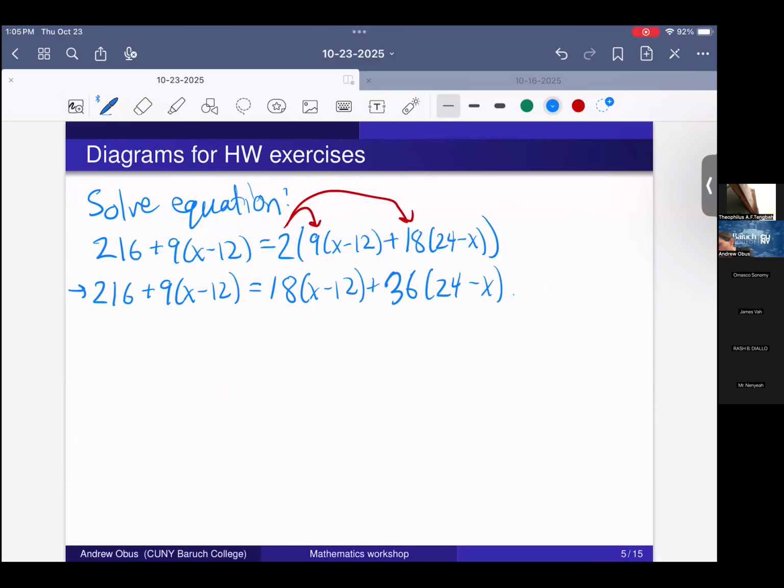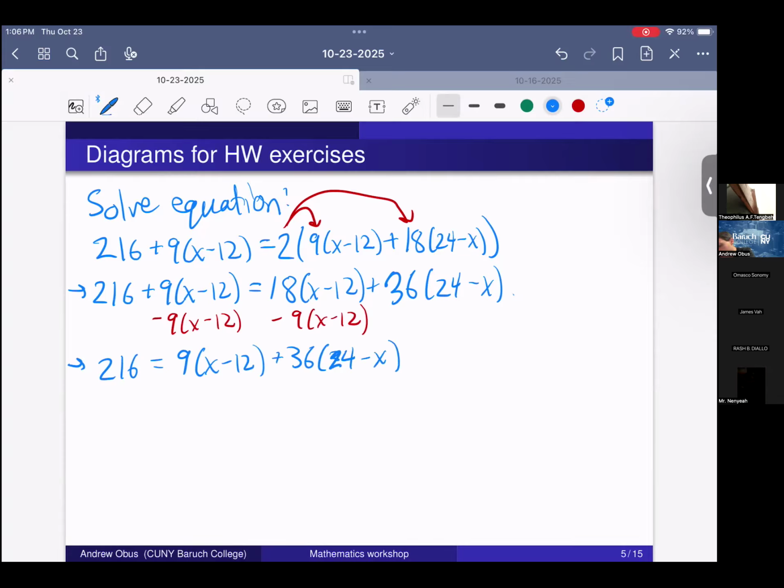And so now I'll subtract the 9 times (x minus 12) from both sides. So minus 9 times (x minus 12) and minus 9 times (x minus 12). So this is going to give us 216 equals 9 times (x minus 12) plus 36 times (24 minus x).